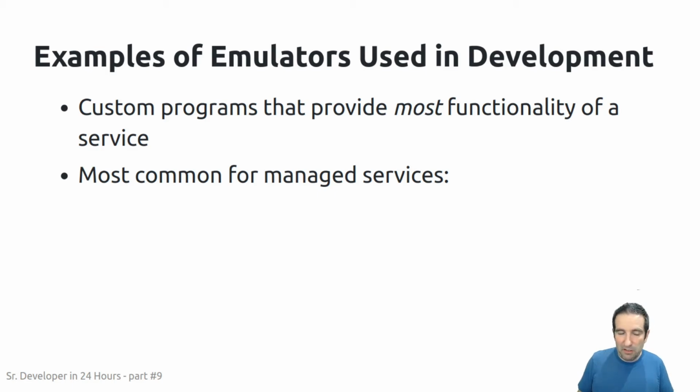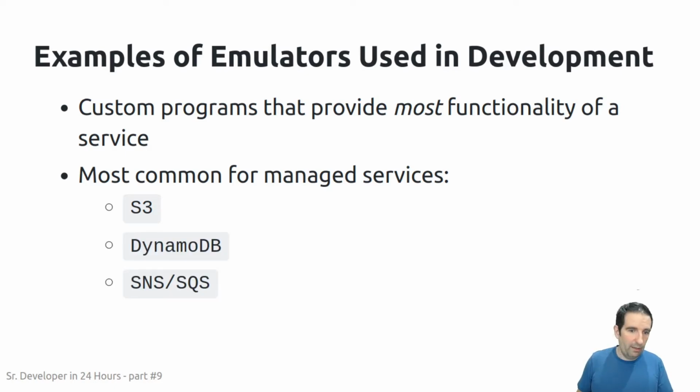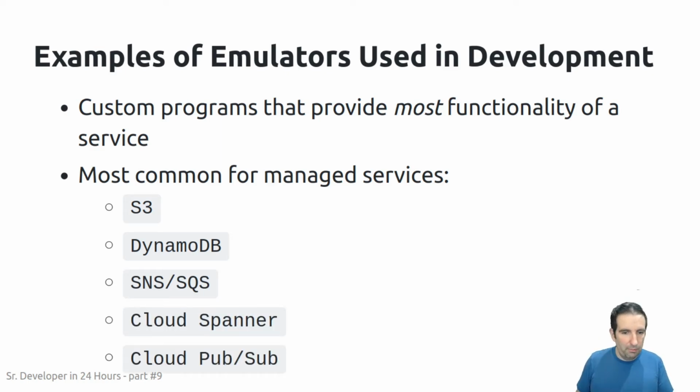And by managed service, I mostly mean cloud services: S3, DynamoDB, SNS, SQS from AWS, Cloud Spanner, Cloud Pub/Sub from GCP, things like that, those kind of services that you cannot run the actual instance locally.